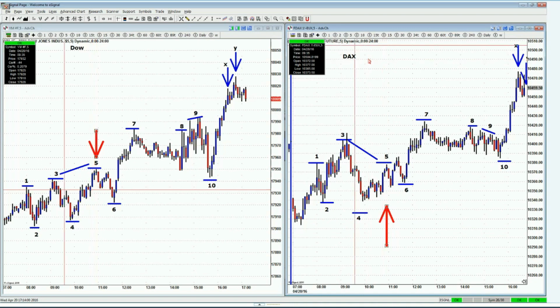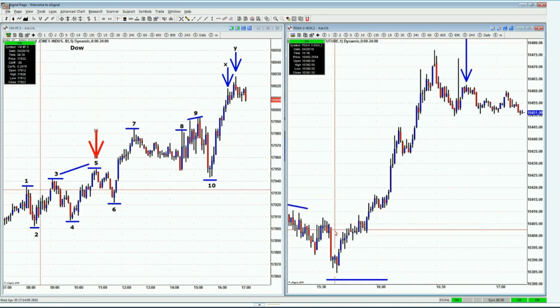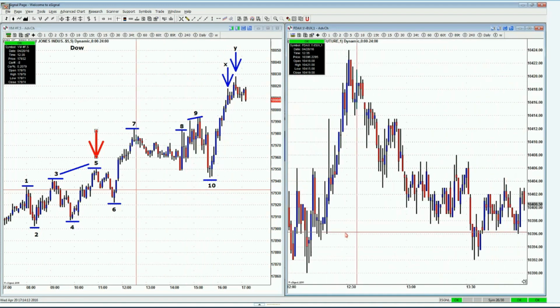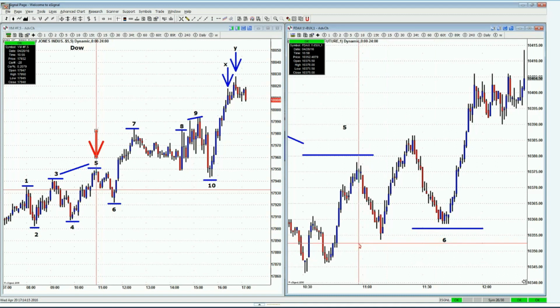So instead of looking at point number 5 on a 5-minute chart, imagine I zoomed in on a 1-minute chart instead, and I went over to point 5 at 10:58.